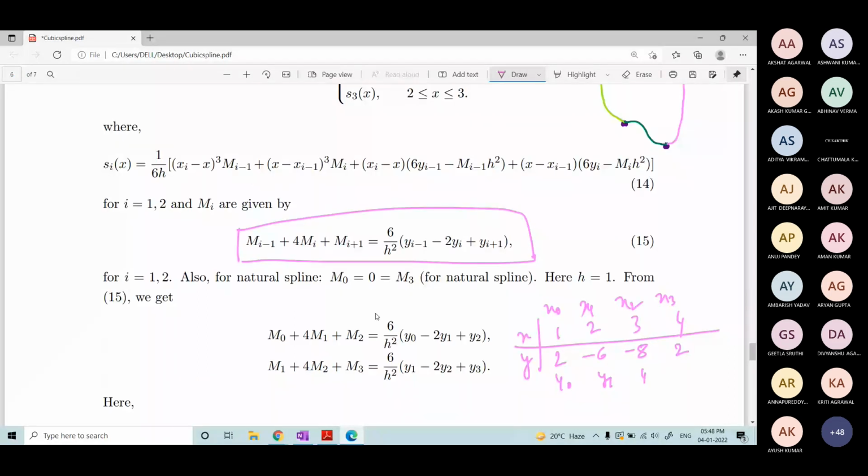Now nothing is mentioned in the given problem, just obtain a cubic spline for the given data. So we'll assume that the shape of the curve at the beginning and at the end is a straight line, so m0 equals m3 equals 0. I'll assume that. So we have only two equations with two unknowns here. Okay.